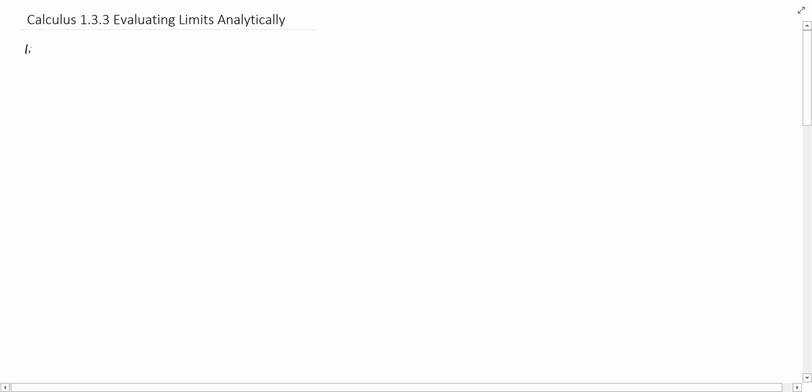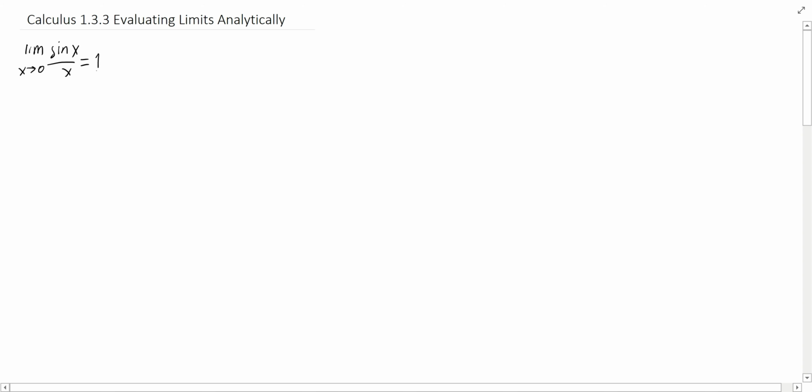Actually, before we begin, I want to point out these special trigonometric limits, because these two limits that I'm going to display are really the basis of how we are going to solve these upcoming problems. The first special trigonometric limit is the limit as x goes to 0 of sine of x over x is equal to 1.